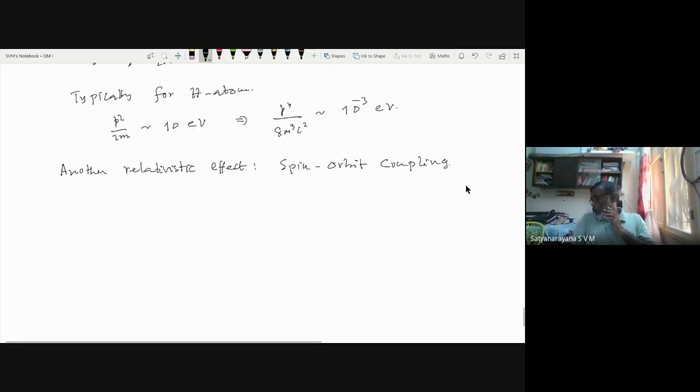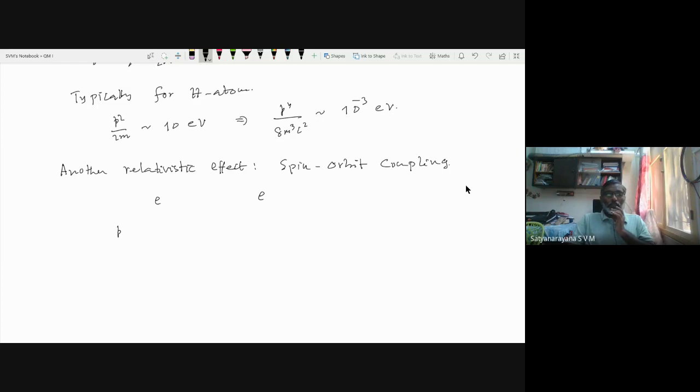So now you see that you have a nucleus. Let's say you have a proton, and then there is an electron. Now there is an electric field.